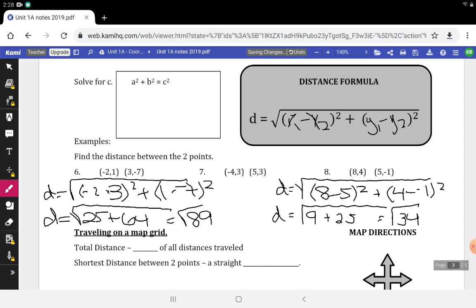All right, the other thing we can do is find the traveling on the map, on the map grid. So let me scroll down.